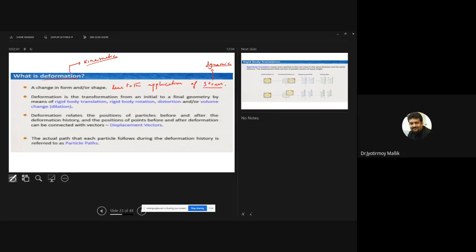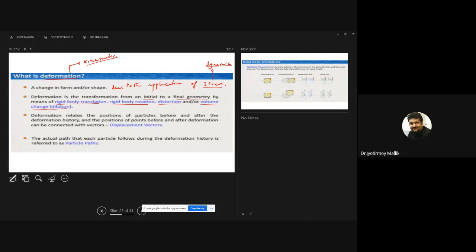So deformation is the transformation from an initial geometry to a final geometry. When we are discussing final geometry, it's geometrical modeling, we talked about it. So from an initial geometry to a final geometry by means of rigid body translation, rigid body rotation, distortion, and or volume change.